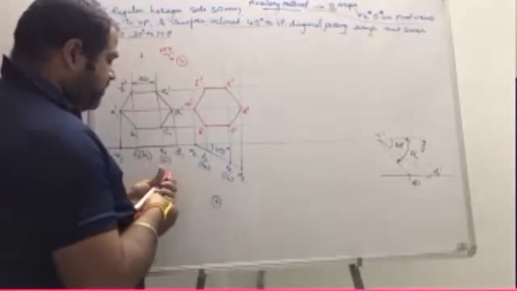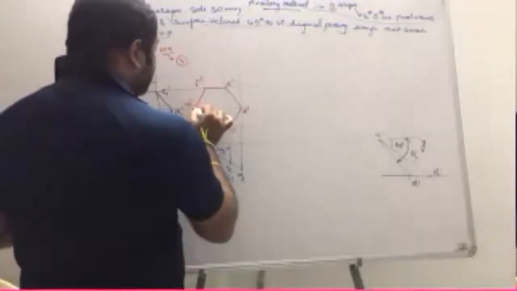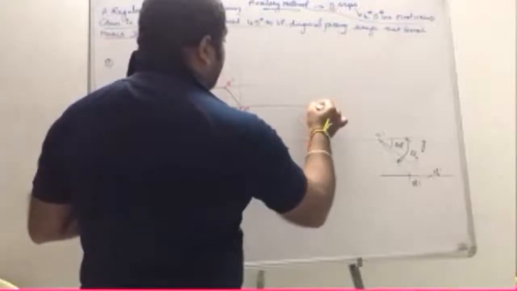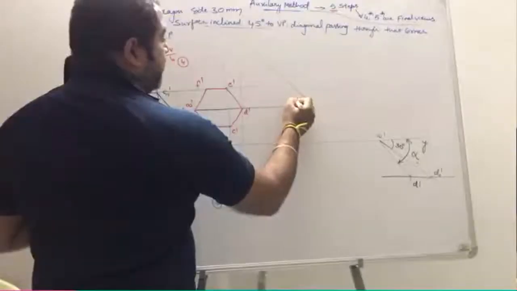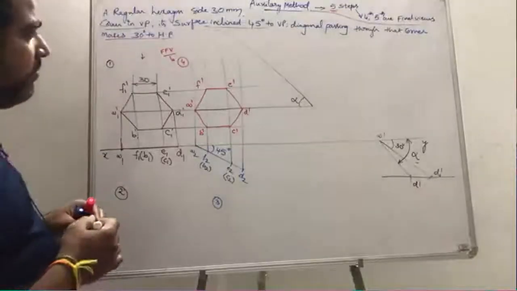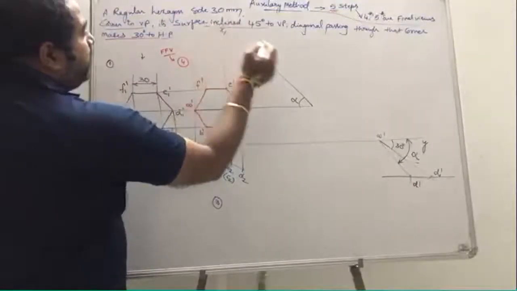What you just do is simply extend this diagonal and draw a line of alpha. Extend the diagonal and draw a line of alpha. Now this becomes your new reference line x1, y1.